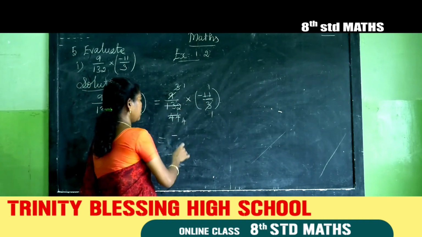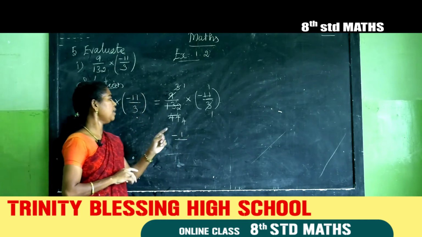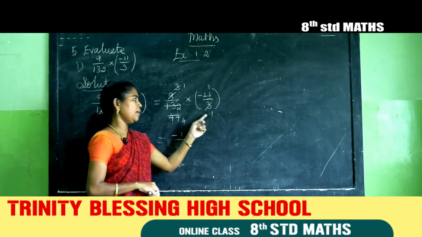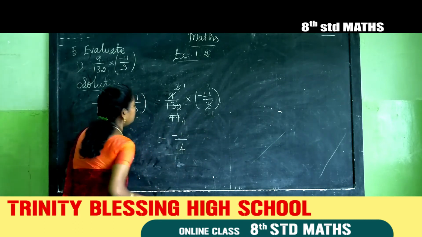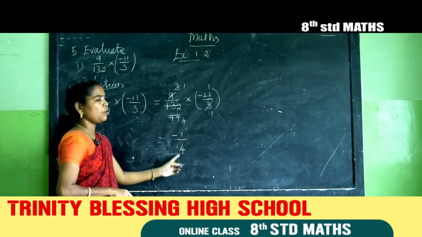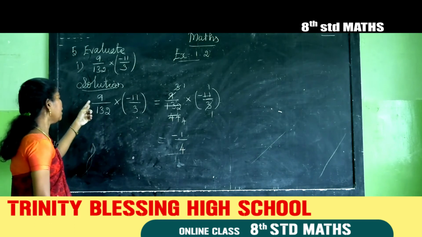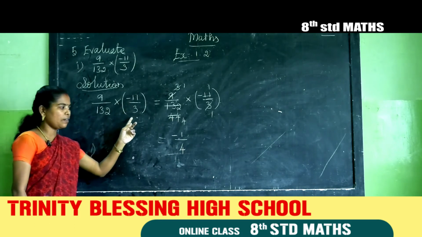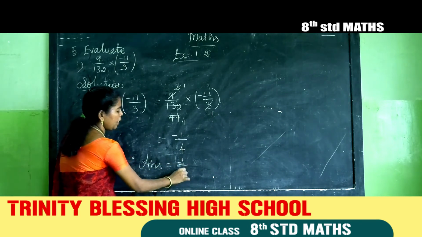Then 1 1 is 1 by. Now the denominator. You see here the denominator is 4 and here 1. 4 1s are 4. So our answer is minus 1 by 4. So when we multiply this 9 by 132 with minus 11 by 3, our result is minus 1 by 4.